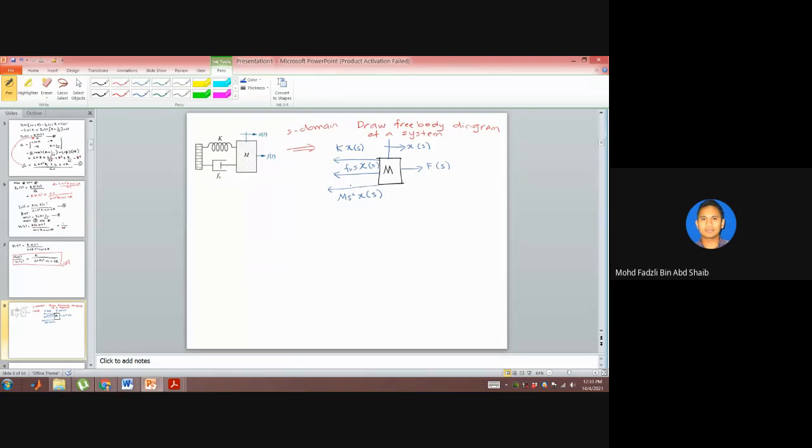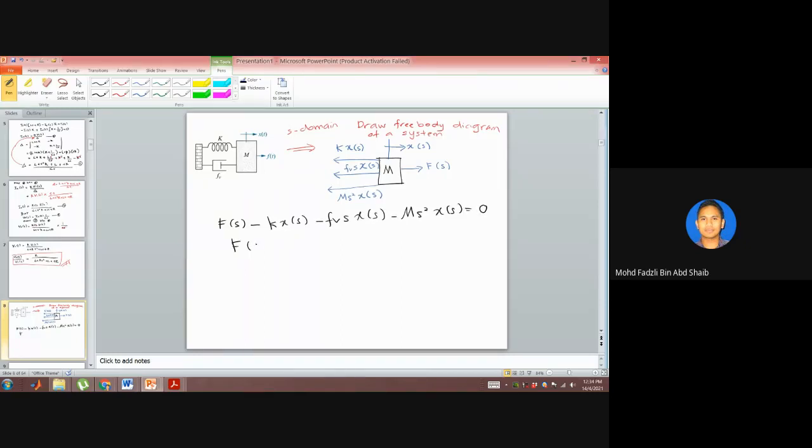Now we can make an equation. Because this is the other way around, FS minus K XS, minus FV S times XS, minus M S squared times XS equals 0, right?